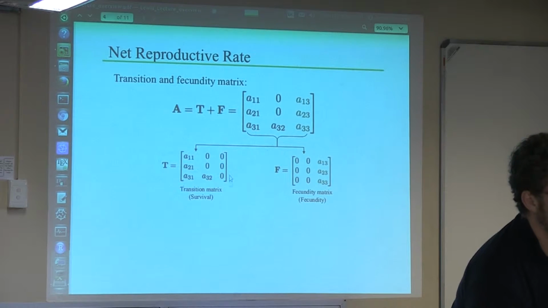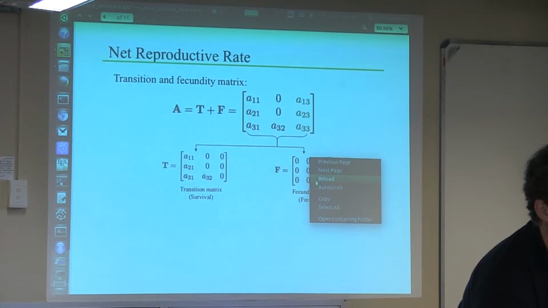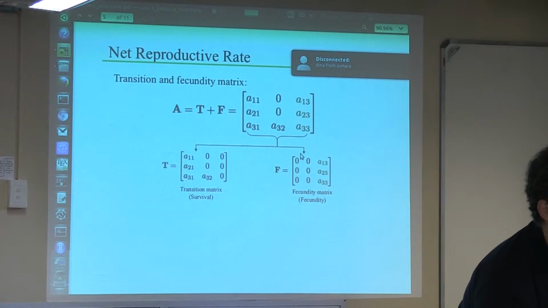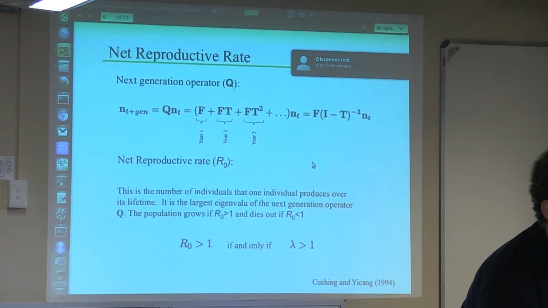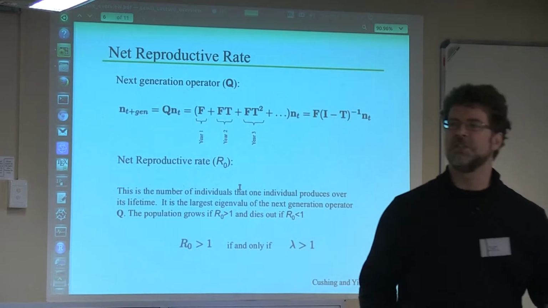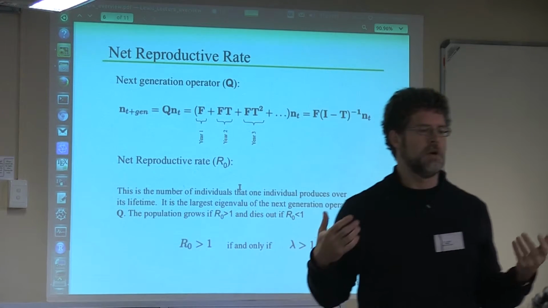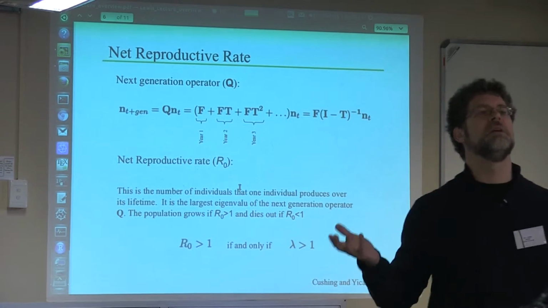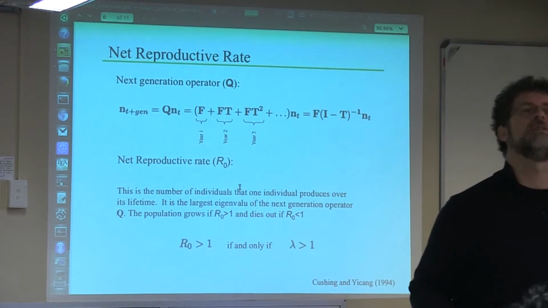And that's what we see here, transitions and fecundities. And the idea was we can create this matrix Q here, F times (I minus T) to the minus 1. And if we take the largest eigenvalue of that, that's called our net reproductive rate. Okay, so we'll do this in the lab as well.